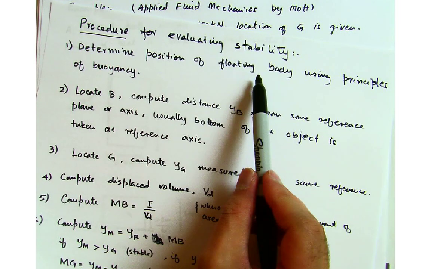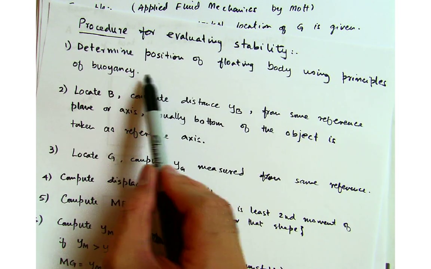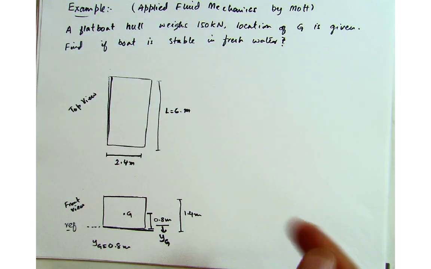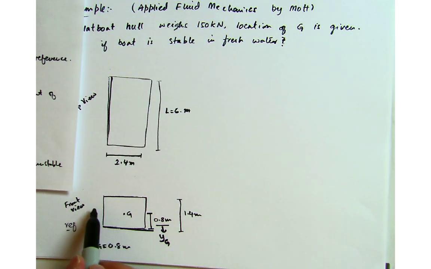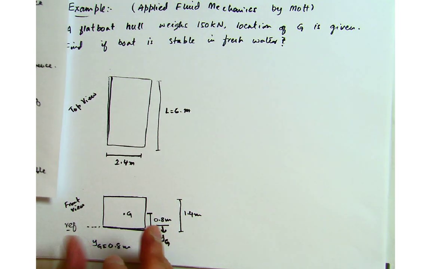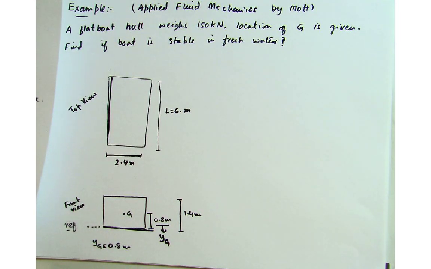So the first thing we have to do is determine the position of the floating body using principles of buoyancy. Okay, so we have to find out how much this thing is inside the liquid. We don't really know how much this thing is inside the liquid, so that's the first thing we need to compute. Okay, I'm going to move this to the side.